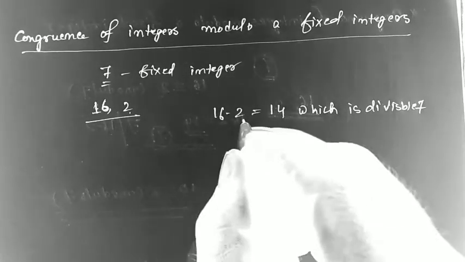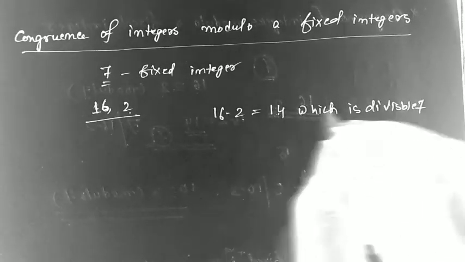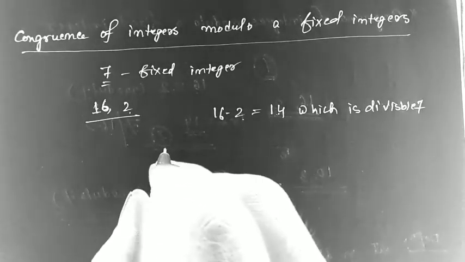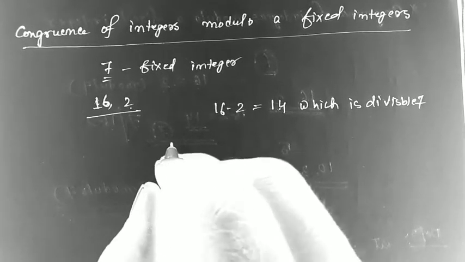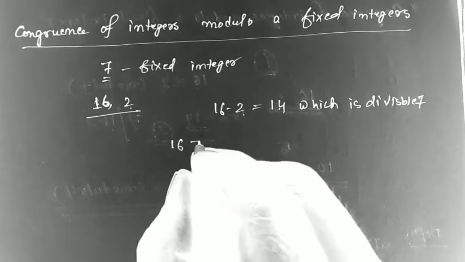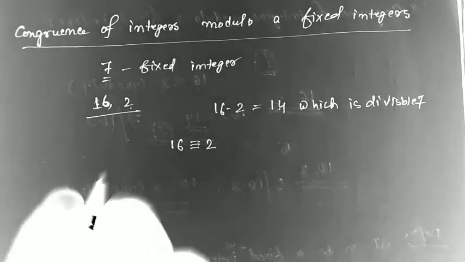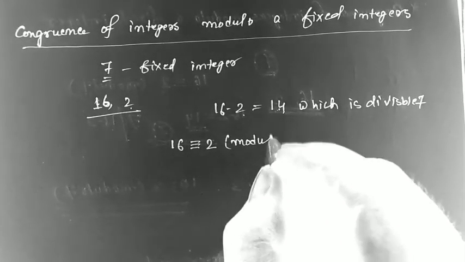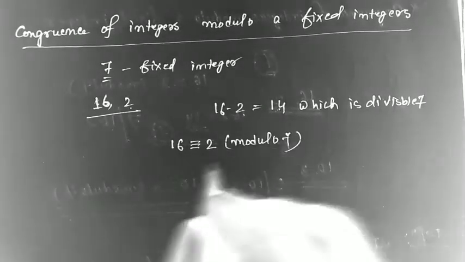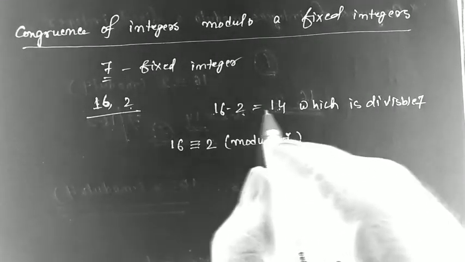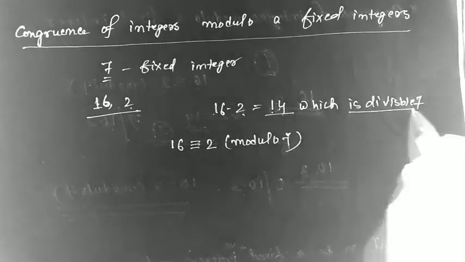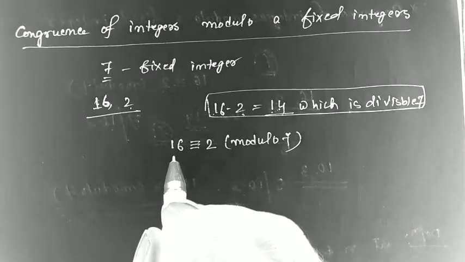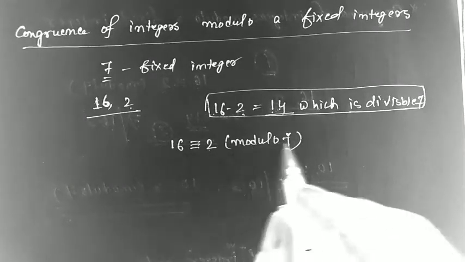And this is written in a mathematical representation: 16 is said to be congruent to 2 modulo 7. This statement, that 16 minus 2 is equal to 14 and is divisible by 7, is mathematically represented as 16 is congruent to 2 modulo 7.